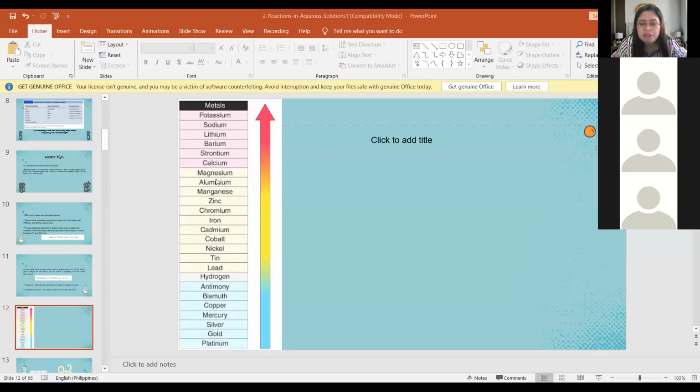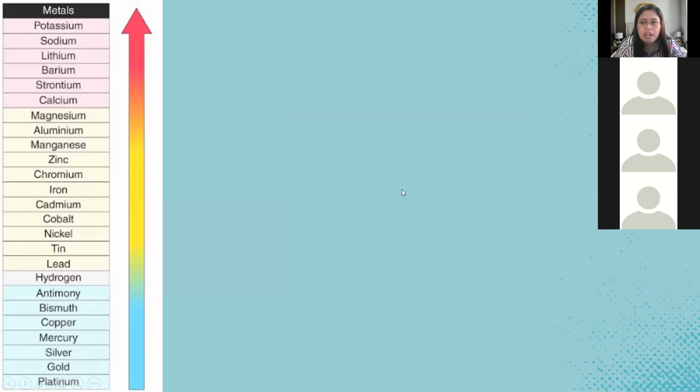Pero again, isalin ninyo ito, class, sa inyong index card. Kasi medyo marami, and kapag wala kayong index card, baka malito kayo kapag pinagawa ko na kayo ng reaction. So ganito, para mas maintindihan siya. What time is it? It's 8:42.